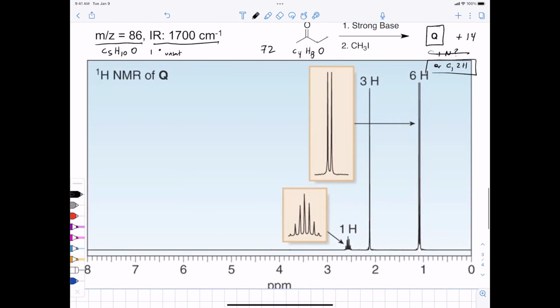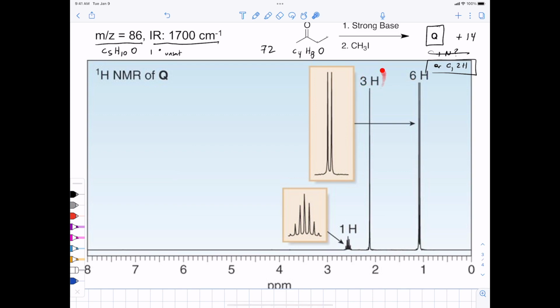Now let's look at the NMR spectrum. We see 3 peaks. We see one that's 6 protons, one that's 3 protons, and one that's worth 1 proton. That's integrated peak area. The authors of this problem were nice to you.